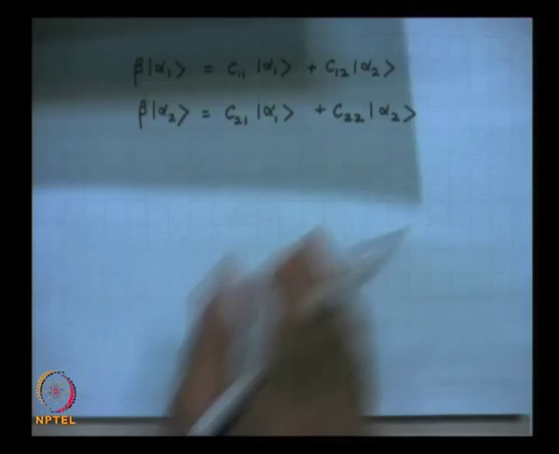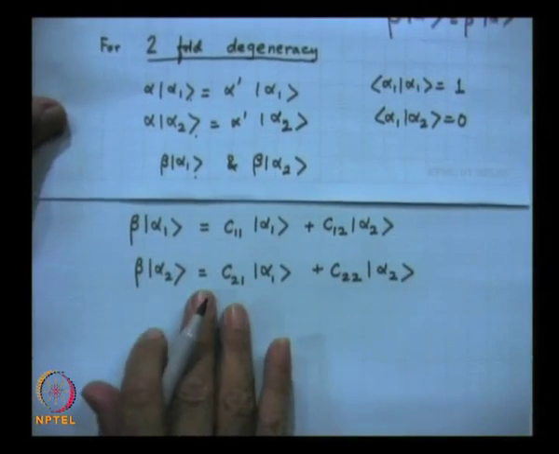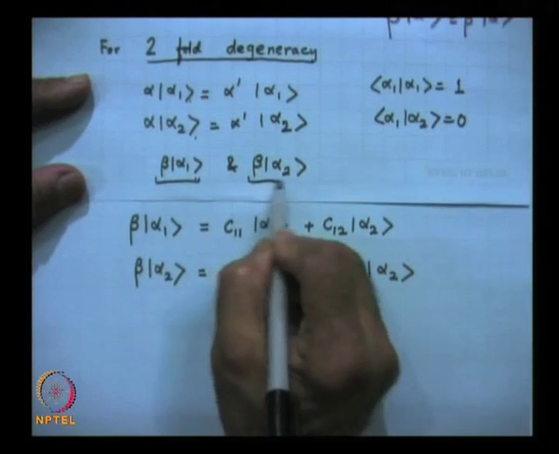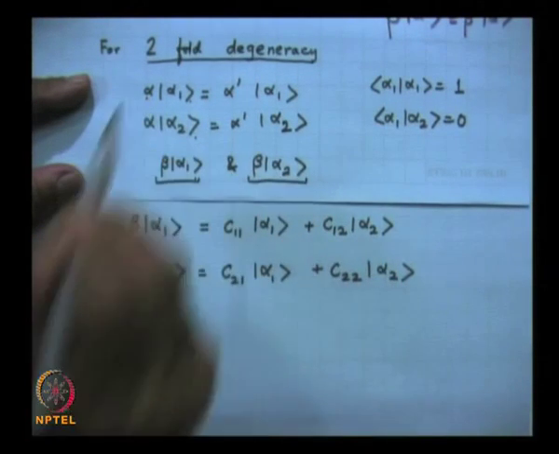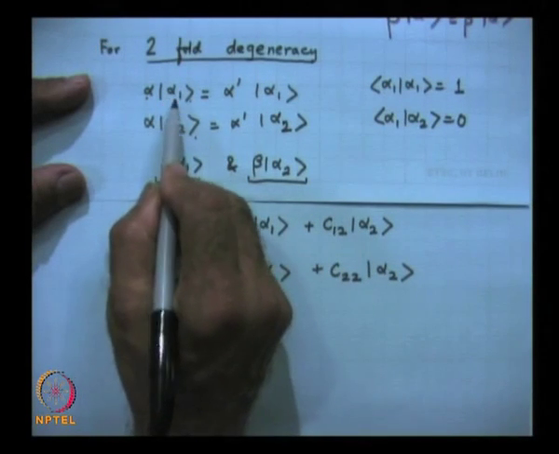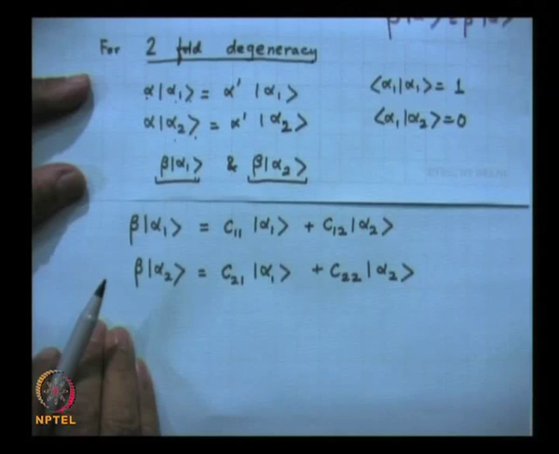I hope I have made myself clear. I will repeat once again. It is a slightly tricky thing that beta ket alpha 1 and beta ket alpha 2 are also eigenkets of the operator alpha. So, they must be expressible as linear combinations of alpha 1 and alpha 2.